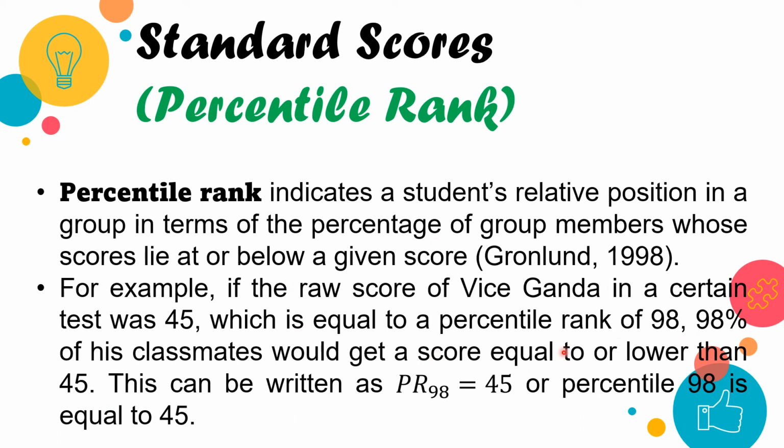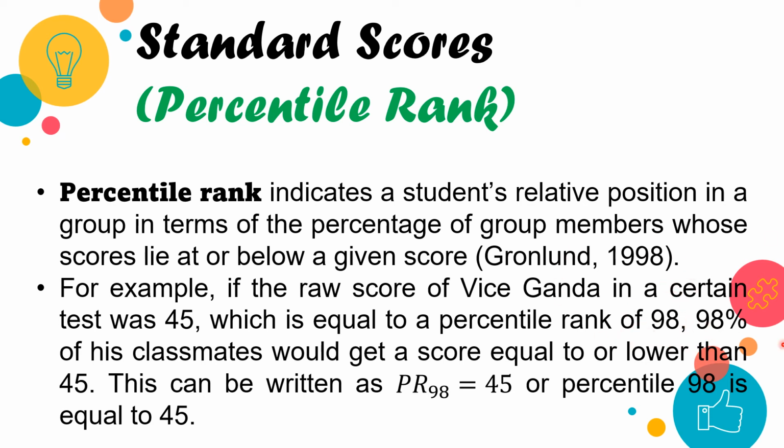Again, take note, if Vice Ganda's raw score in a certain test was 45, we don't yet know how many items there are. Which is equal to a percentile rank of 98.